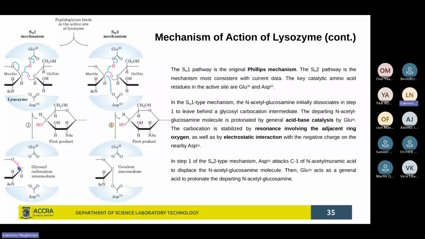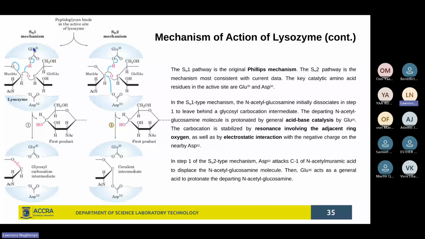After that you see the first product, which is the N-acetyl glucosamine, broken off. And you see clearly that the hydrogen from the glutamic acid in the active center goes with that first product.